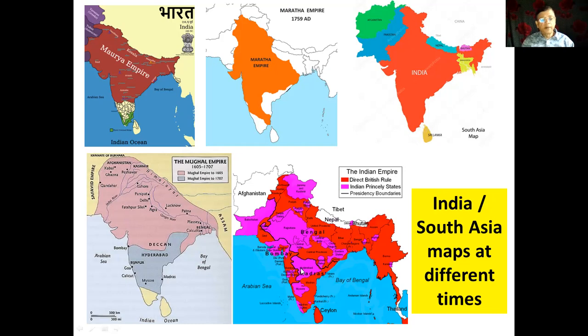Then you have India divided into a large number of states or kingdoms. Princely states were there. So the idea to show this is to emphasize that the boundaries that now are more or less fixed were always very fluid.